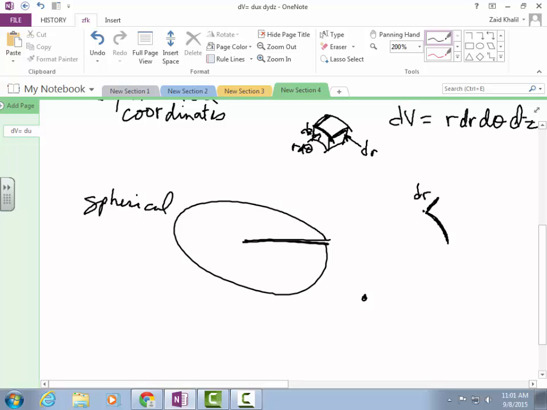Be careful. Let's call this phi. Let's call this theta. So this is going to correspond to the change in phi. Therefore, this is going to be r d phi.